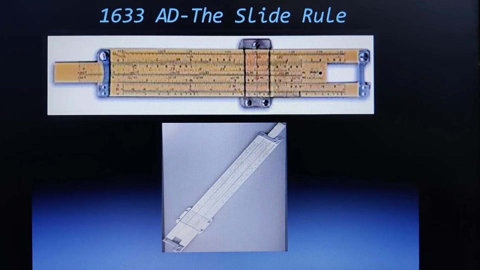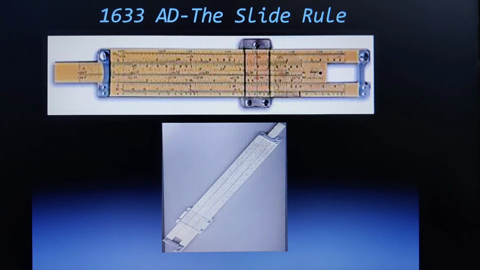This slide rule was mainly invented to perform multiplication and division by the method of addition and subtraction. As I said, here we should mainly concentrate on what the computing device was, in which year it came into existence, and for what purpose it came into existence.